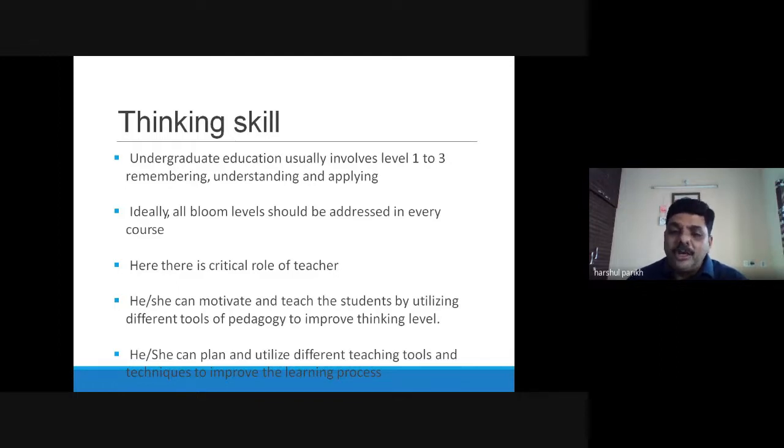The teacher can plan and utilize different teaching tools and techniques to improve learning. Certain concepts are difficult to understand, so we have to change our pedagogy.